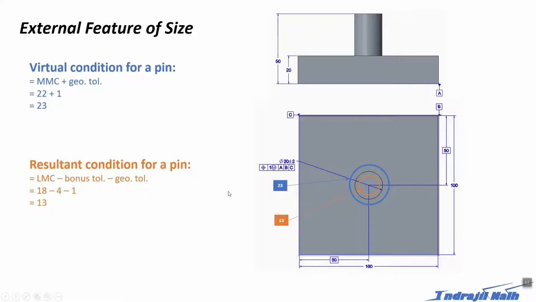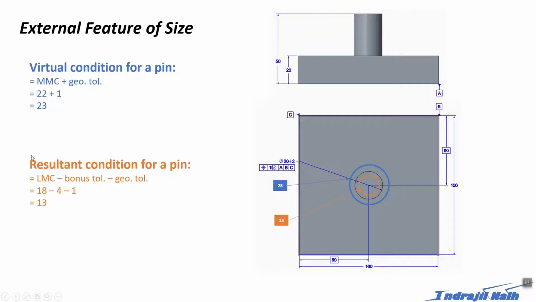If you remember in the first part, we got a smaller value in the case of a hole. If you check the mating of these two in part 1, you will understand why the virtual condition of a hole came smaller, but in the case of a pin or a shaft, the virtual condition is bigger, so that there is proper mating and no interference.